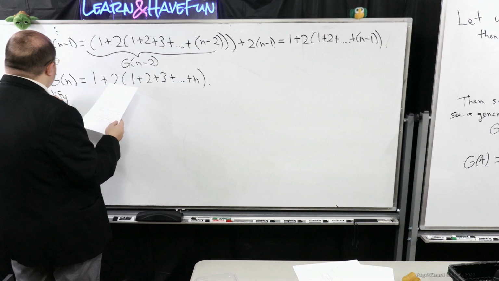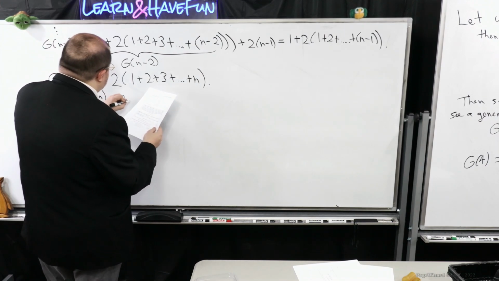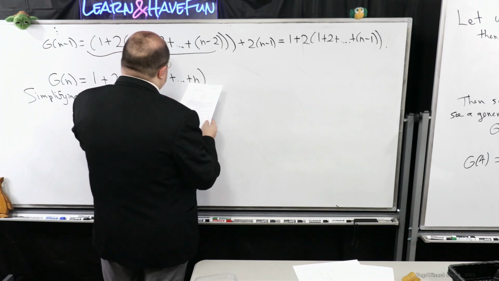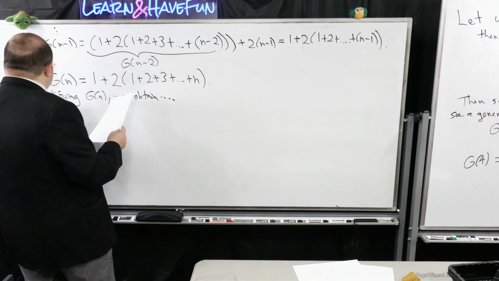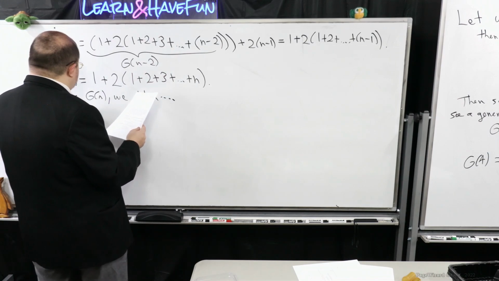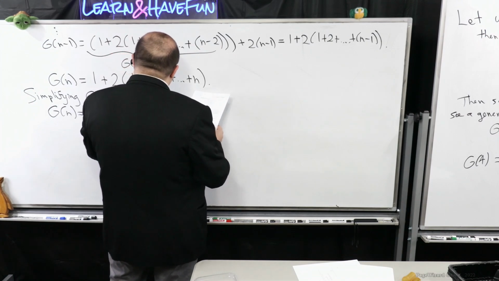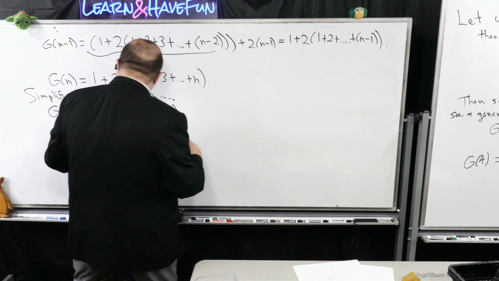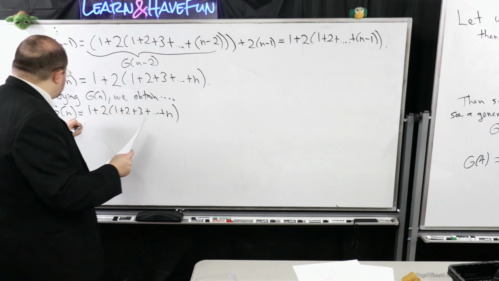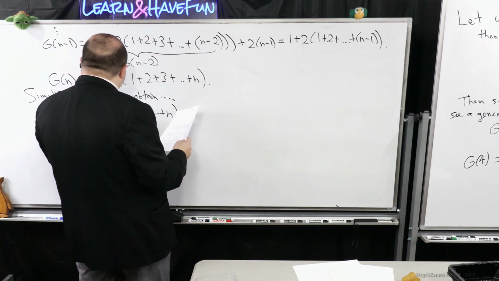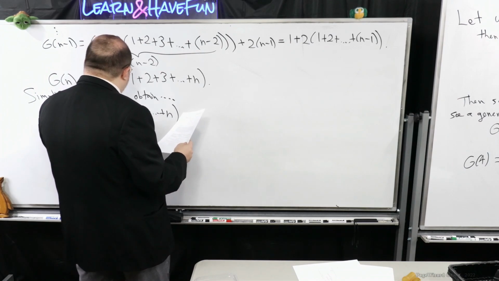Simplifying g of n, we obtain the following. g of n is equal to 1 plus 2 times 1 plus 2 plus 3 all the way up to n. But what is this? I can rewrite this using a summation: 1 plus 2 times the sum from i equals 1 to n of i.